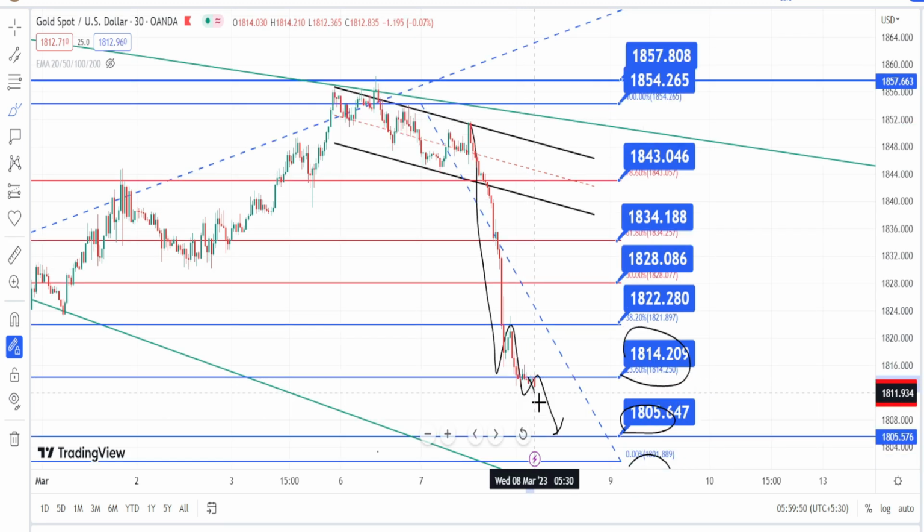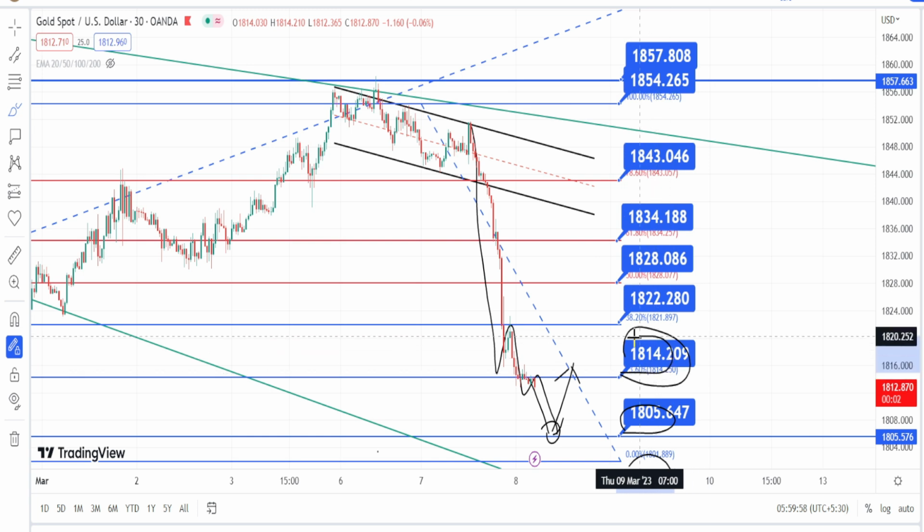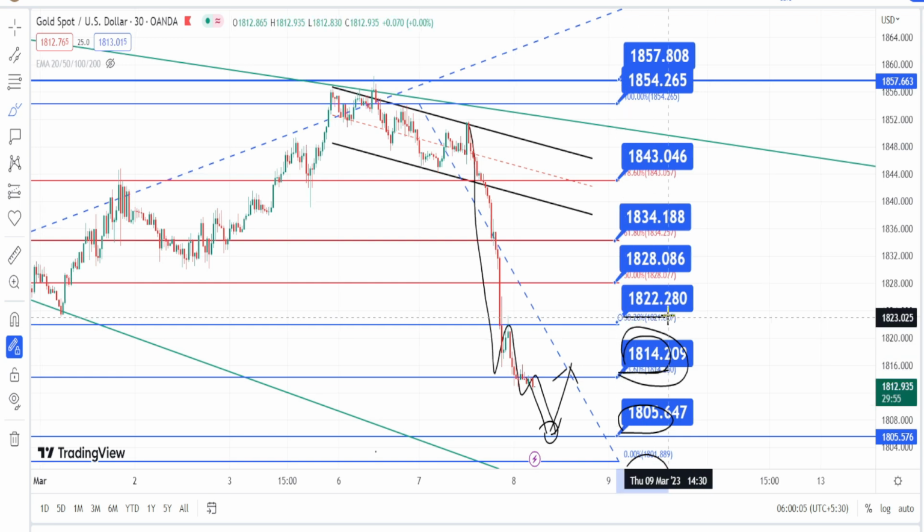And on the bullish side, if the price action takes support around the support level of 1805 and bounces back on the bullish side retracement, the immediate resistance is going to be around 1814. Once this resistance level is broken, next level of resistance is going to be around 1822, 1828, 1834, 1843 and 1854.